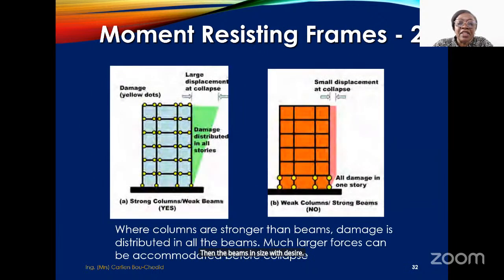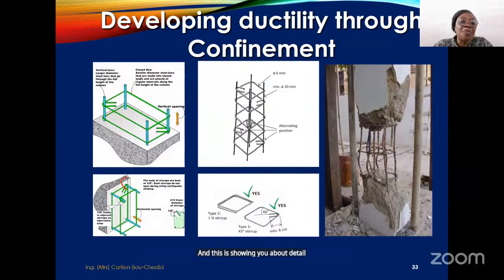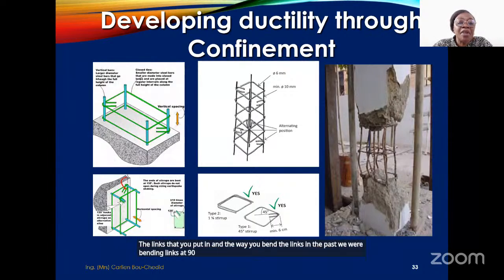So this is just a diagram showing, where the yellow dots show you where the failure should be. And this is showing you about detailing. This is so important. The links that you put in and the way you bend the links. In the past, we were bending links at 90 degrees, but no more.